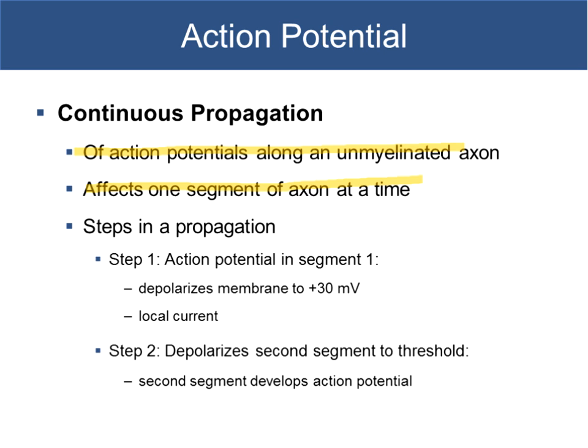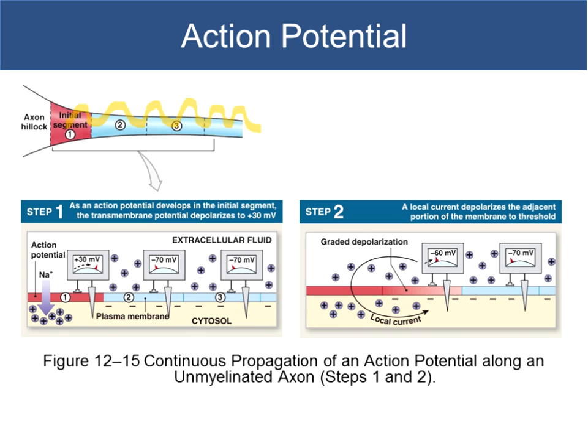In continuous propagation along an unmyelinated axon, it affects one segment at a time. All of these steps are exactly the same as we talked about before with generating an action potential. The big take-home message is that it has to move across every single portion of the axon.